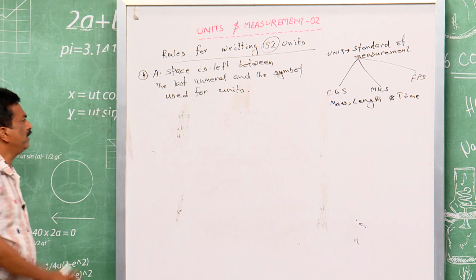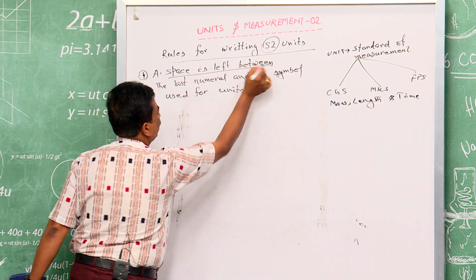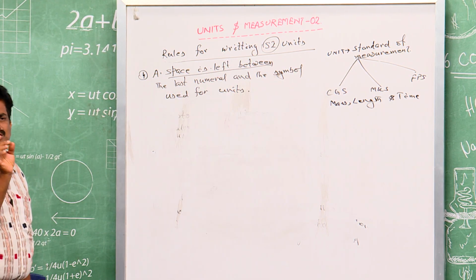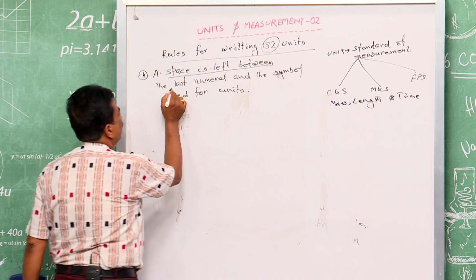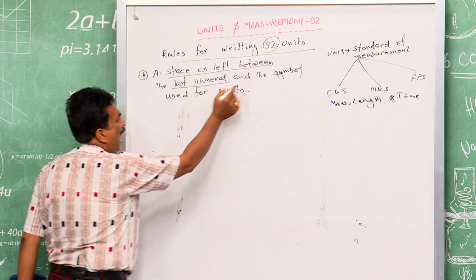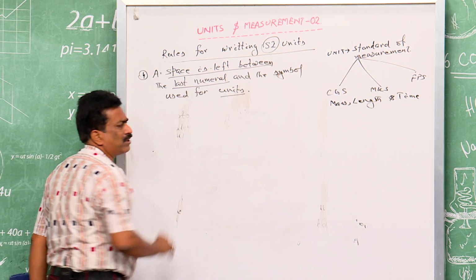What is its meaning? A space is left means some space is to be provided between the last numeral and the symbol used for the unit.